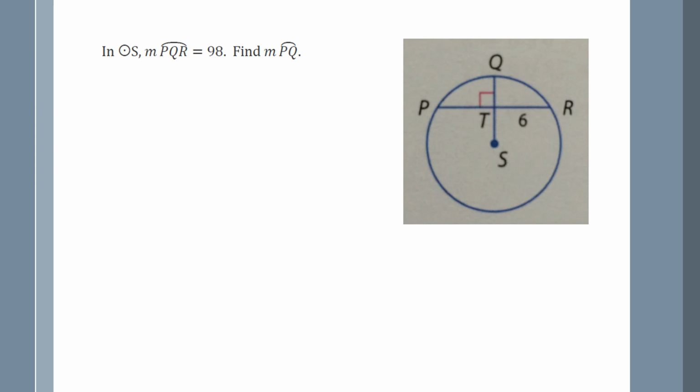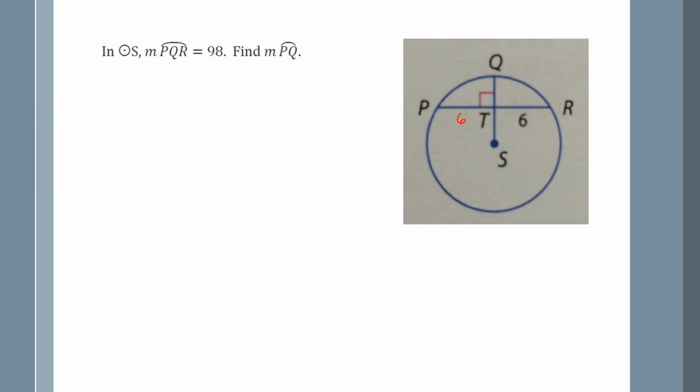All right, so in circle S, the measure of arc PQR is 98. What is the measure of arc PQ? Well, this radius is perpendicular to this chord.